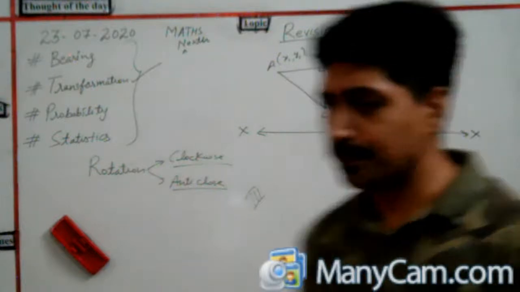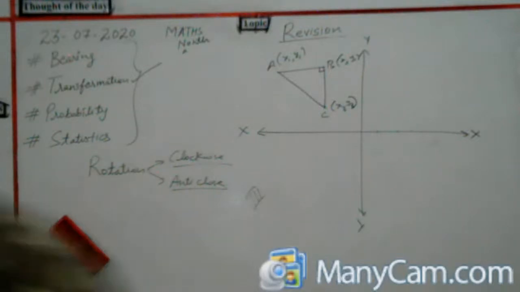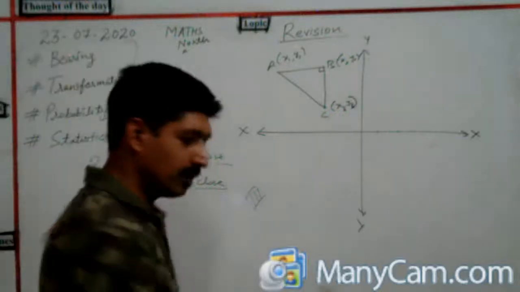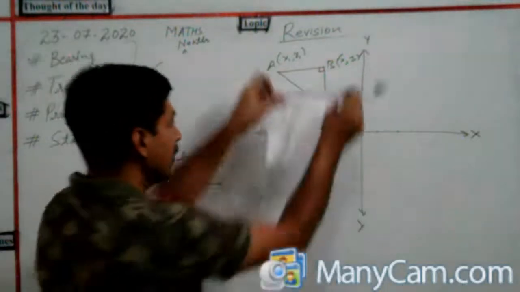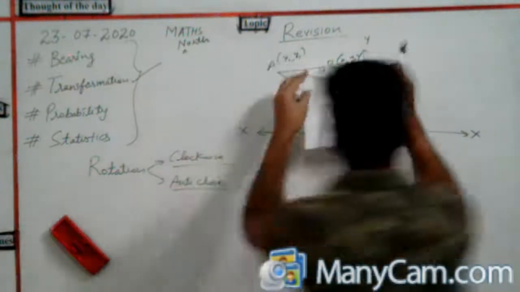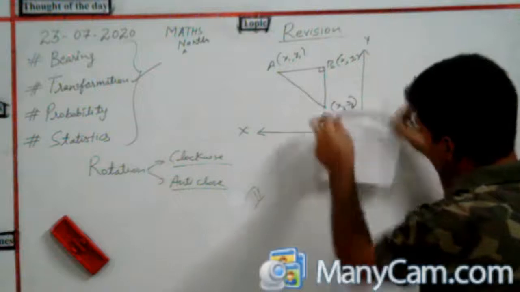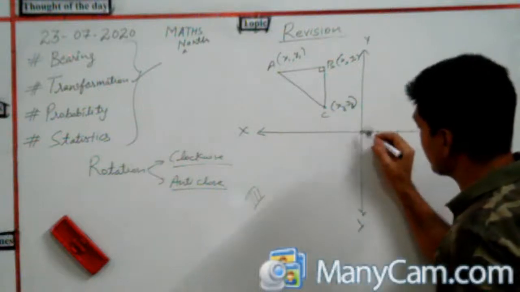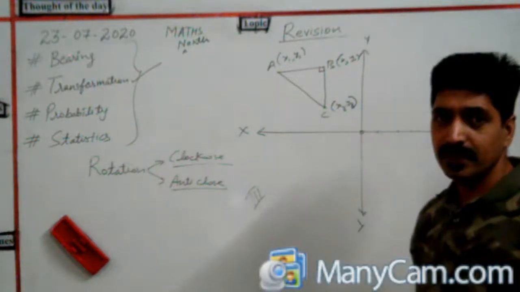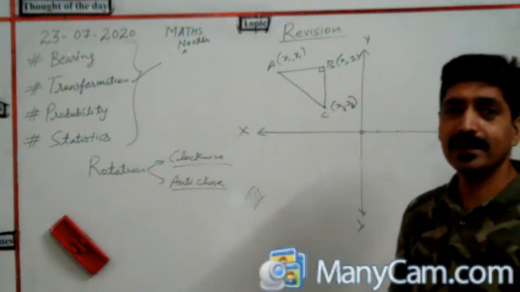We will put one trace paper, right? I have one here. This is although a napkin. I will fix the napkin here on this page, and I will locate here. I will fix the page here at the center, and on the page I will draw the triangle, right?